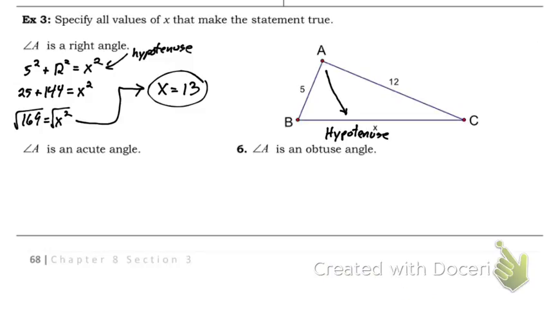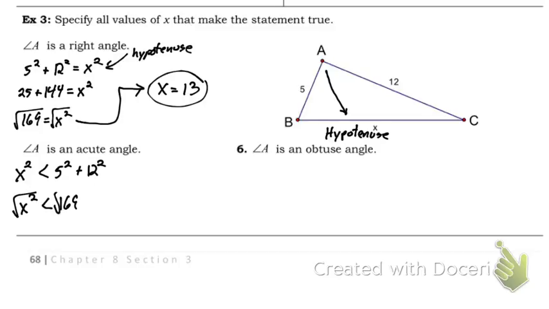So we're just going to set it up just like that. In order for it to be acute, our hypotenuse squared, which would be x squared, has to be less than our sides squared, which would be 5 squared plus 12 squared. Well, we did all that math already up there. We said x squared is less than 169.